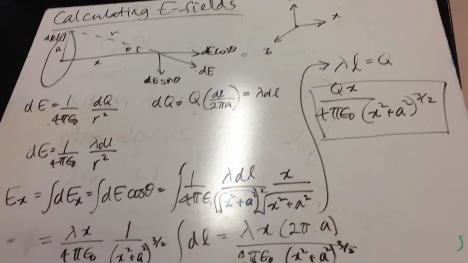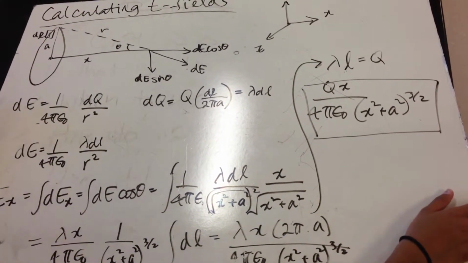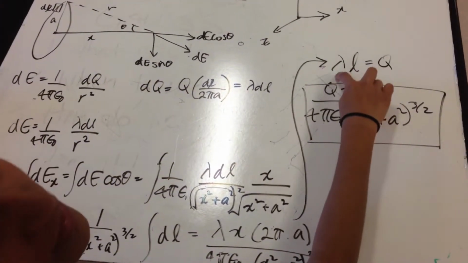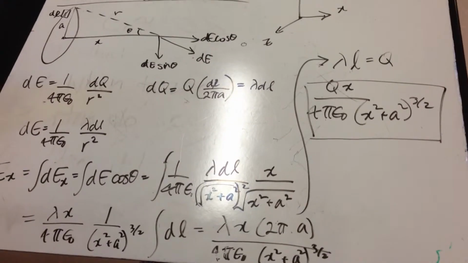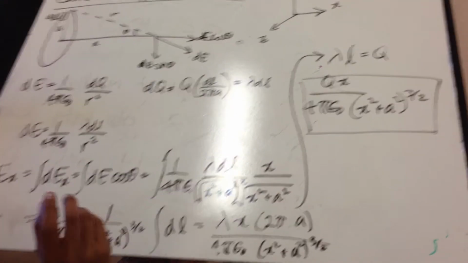So we're going to take the integral of dEx, or dE cosine theta, and we're going to have to separate the dq into lambda times L, because lambda is the charge per unit length.